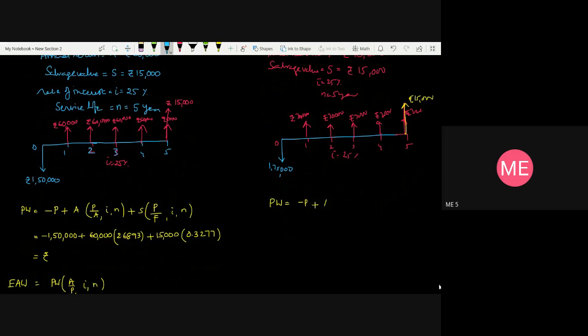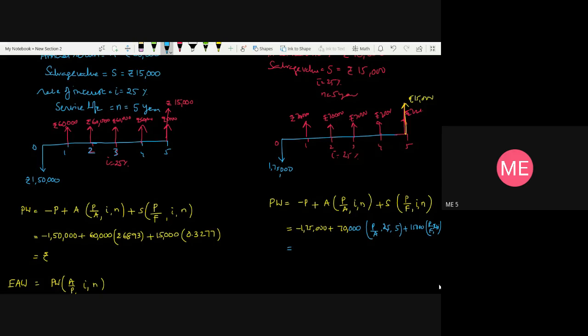So minus P plus A into P by A comma I comma N, then plus S into P by F comma I comma N. So by using this, I'll be calculating the values: minus 1,75,000 plus annuity is given as 70,000, then this P by A, comma I is 25, N is for 5 years, then plus S is given as 15,000 and P by F comma 25 comma 5.